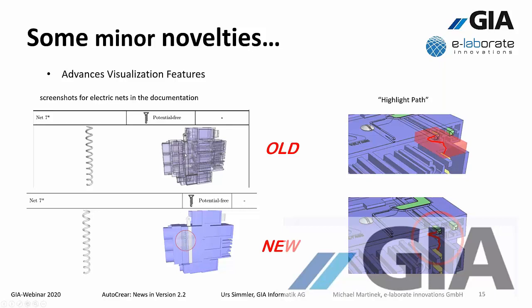For bigger assemblies, and especially if the nets are located deep in the interior, this was kind of a worthless view. You could not really see where the net is. This is the old version. You see in the new version we introduced some much more elaborate methods for highlighting nets even if they are in the interior. There is also a nice ring around them so that you can always see where the net is, no matter how small it is or how thin.